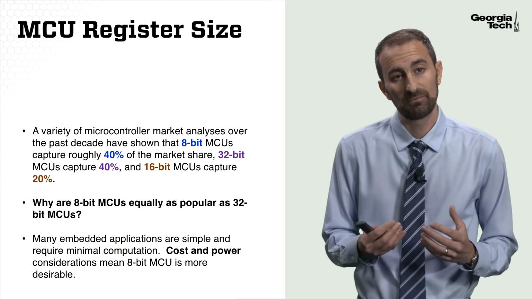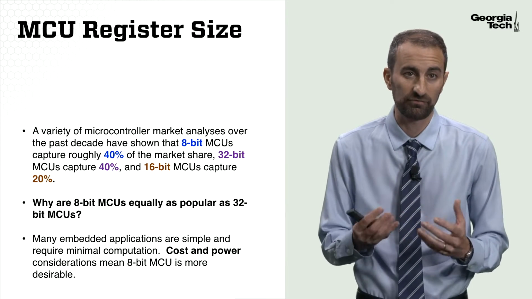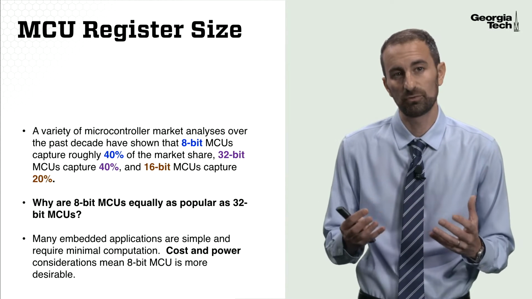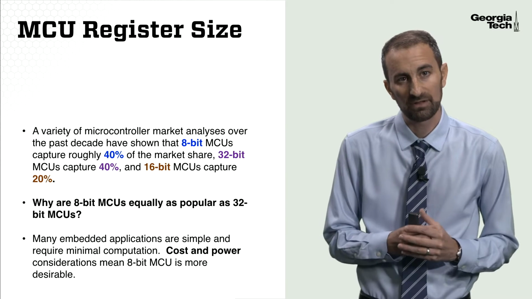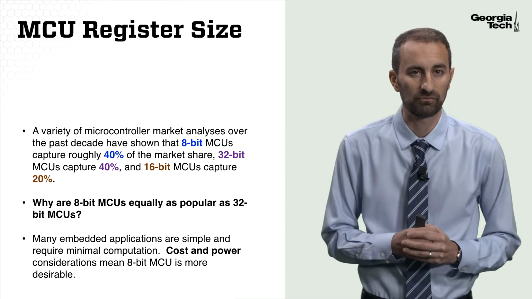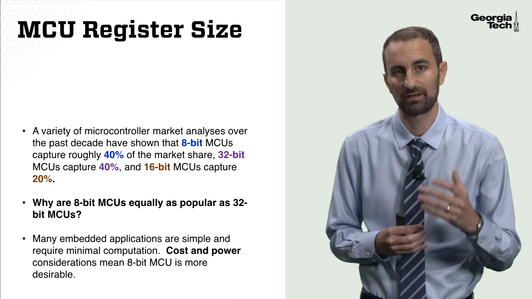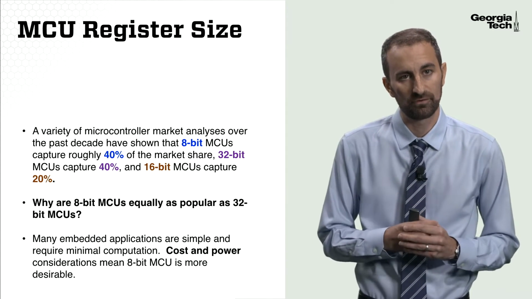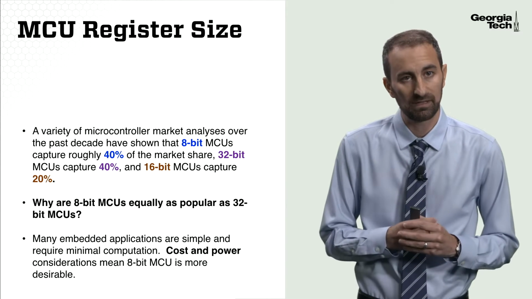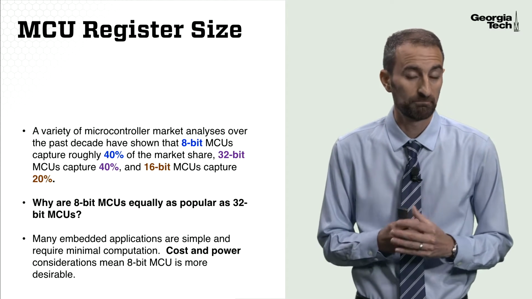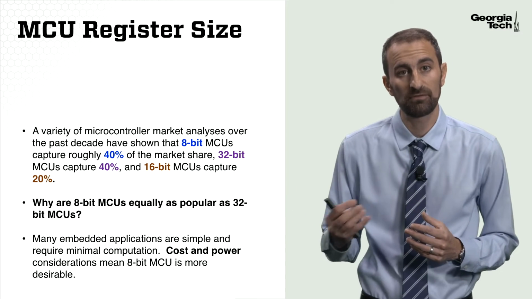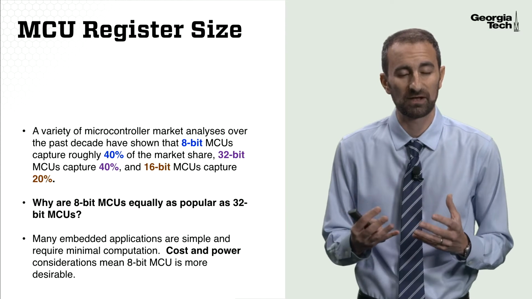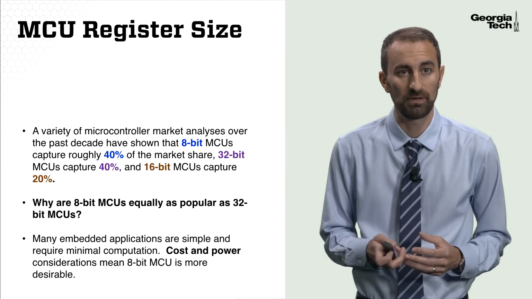The reason is because many embedded applications are simple and require minimal computation. For instance, a dishwasher doesn't really do a lot of heavy calculation, and so you can usually use something like an 8-bit or a 16-bit microcontroller for things like a dishwasher, a toaster, etc. So cost and power considerations for simpler embedded applications mean that an 8-bit microcontroller could be more desirable than a more expensive 32-bit microcontroller, particularly because we don't need all the extra computation performance that a 32-bit microcontroller gives us.